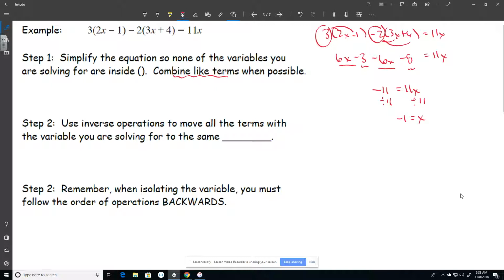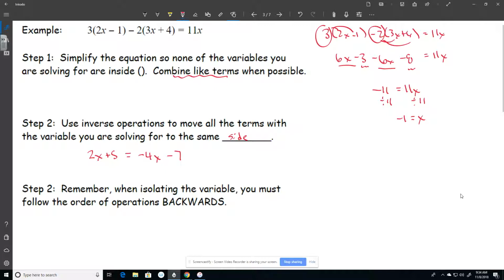The other step that we need to keep in mind: sometimes after you distribute, after you get rid of the parentheses, we have to use inverse operations to move all of the terms with the variable you're solving for to the same side. So for example, let's say I have 2x plus 5 is equal to negative 4x minus 7. Now, I don't like having an x on both sides.